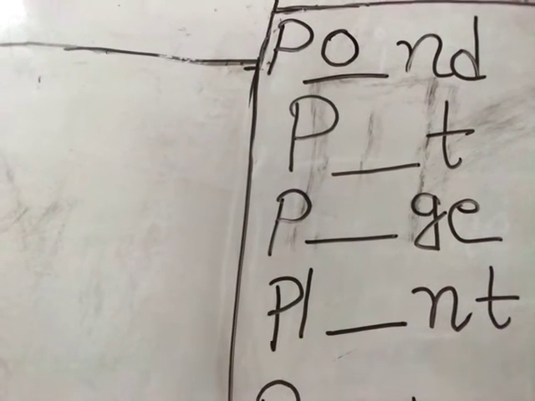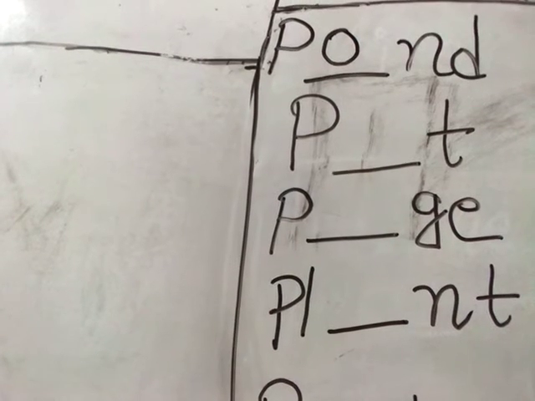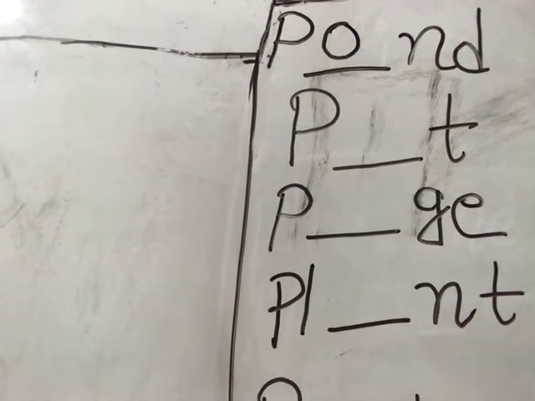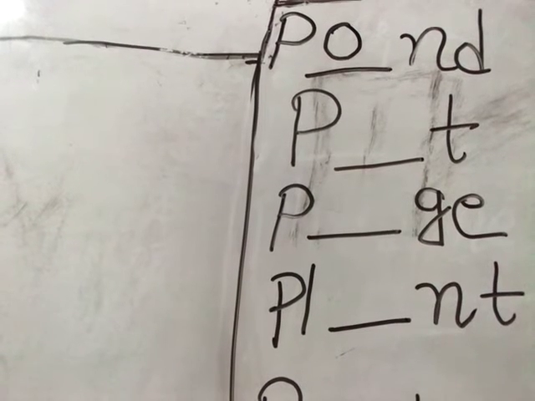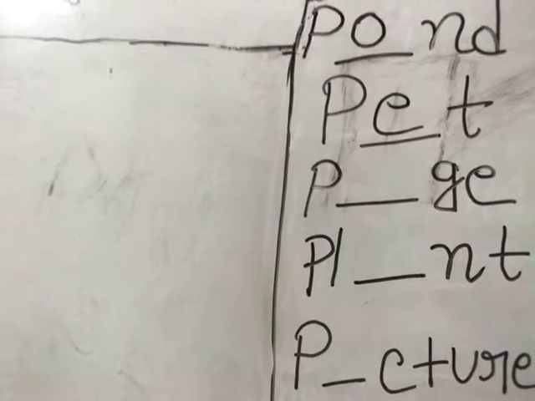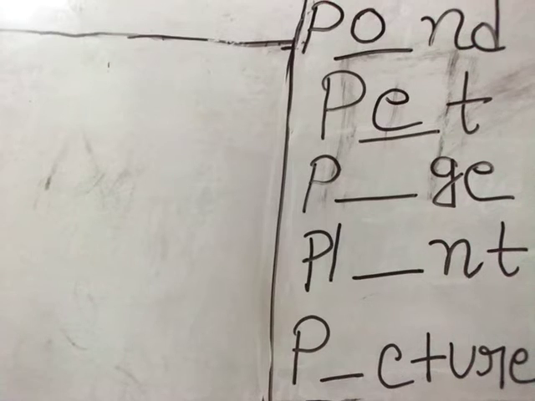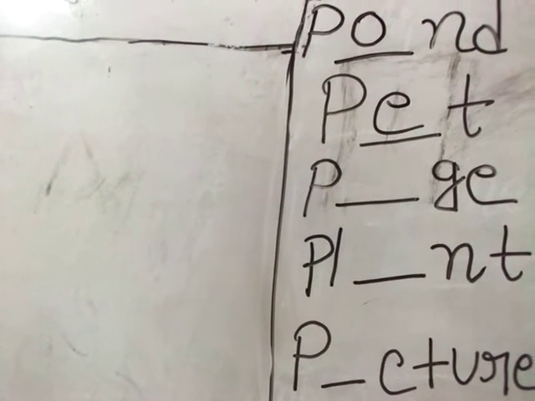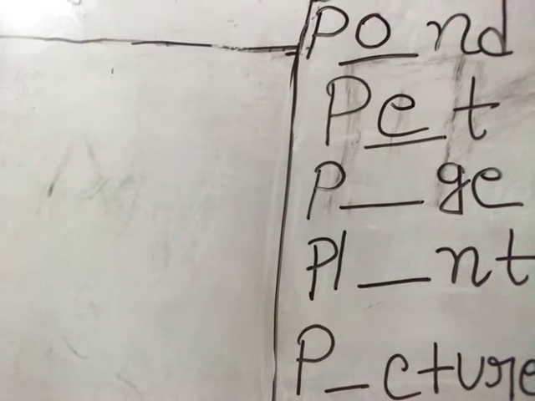So we can't use PIT or PAT, but apart from A or I, we can use O, U or E. So if I use E, then it becomes pet. Pet means the animals that we keep in our home.